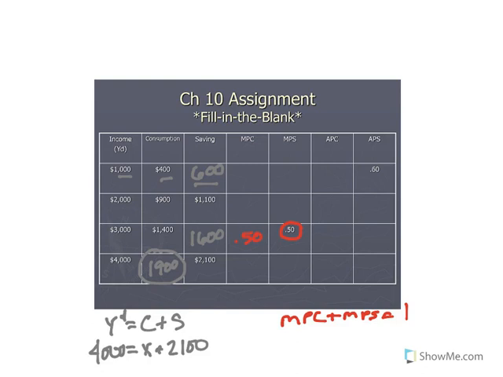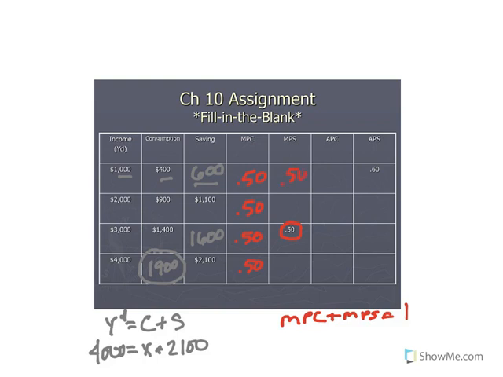Another thing that I told you is that we are always doing straight line consumption and savings functions, which means the slopes don't change. So the MPC and the MPS are both the slopes, which means they have to be the same regardless of what the level of disposable income is. So in other words, if the slope was 0.5 at 3,000, it also has to be 0.5 at 4,000, 0.5 at 2,000, and 0.5 at 1,000 because it's a straight line slope.